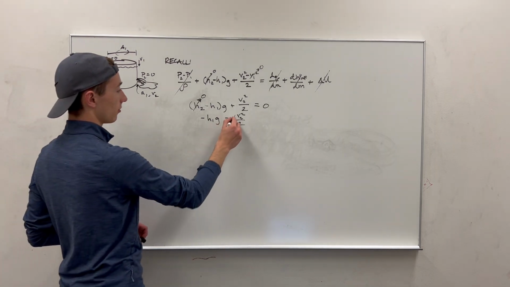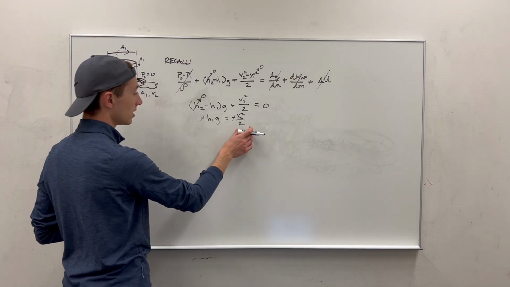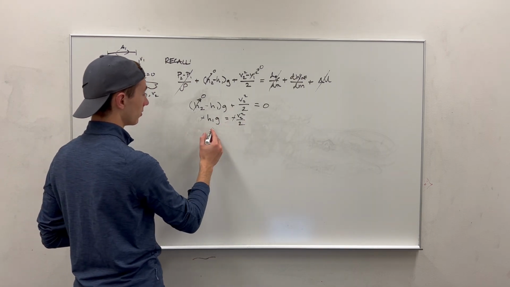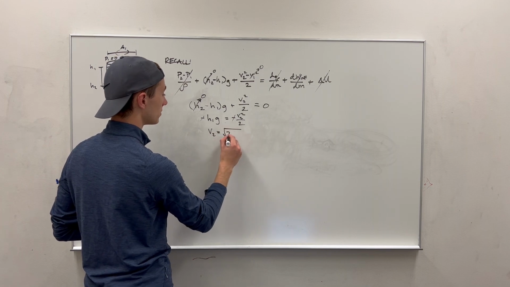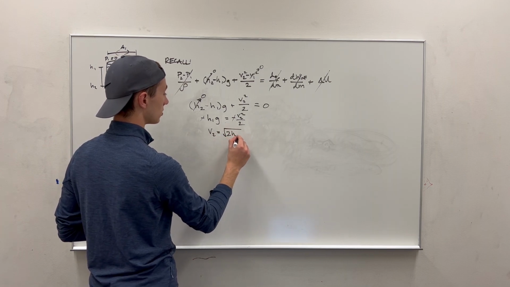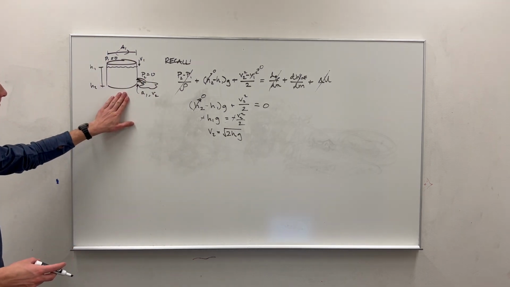Look at that, we're really close already to solving for V2. This is actually a pretty simple problem. Move the 2 over and then take a square root, and we're left with V2 equals the square root of 2 times H1G. That's really simple.